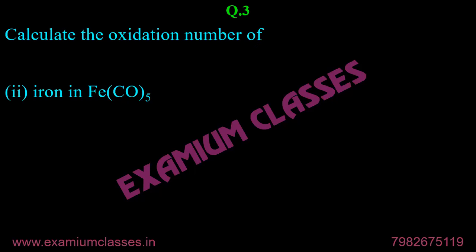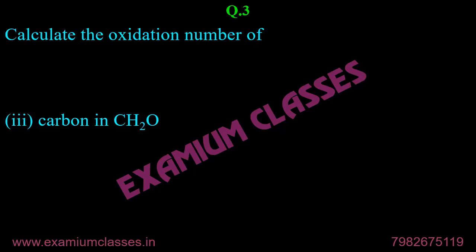Iron in Fe(CO)5. Okay, there is something wrong. That's why I skipped that one. Okay, carbon in CH2O. So I'll correct that and then we will do it later on. Carbon in CH2O.